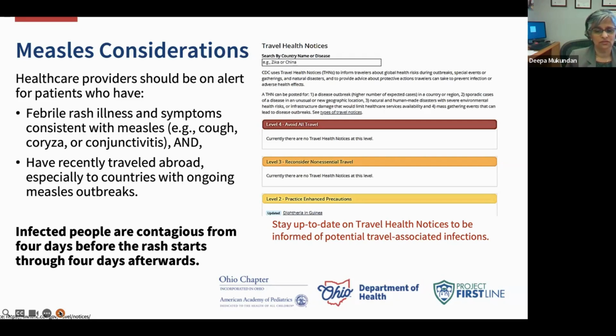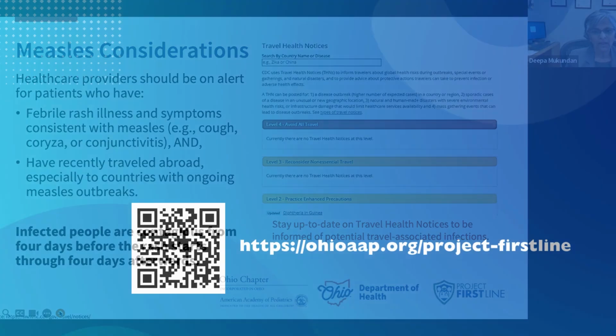And you will see the travel health notices on the CDC travel website, which gives you the rate of spread or transmission in those countries. Infected people are contagious from 4 days before the rash starts and through 4 days after the rash presents itself.